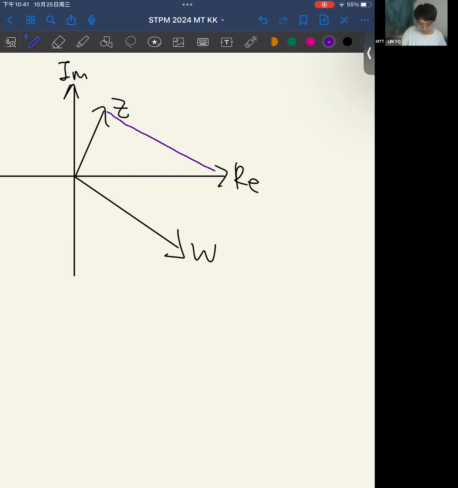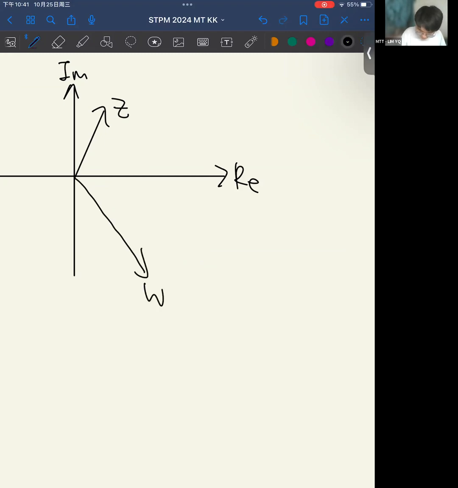Like this, W and Z. This is what it means by a parallelogram. Here the angle is the same, here the angle is the same. In vectors, in later chapter 6, you will see what a parallelogram is.